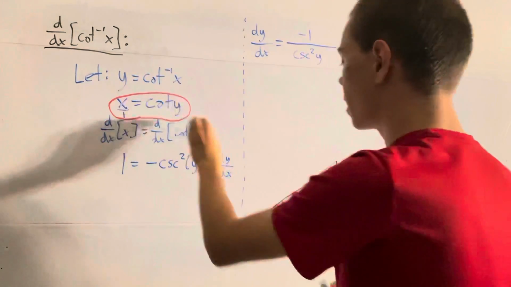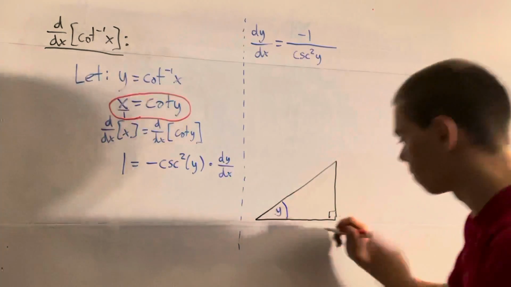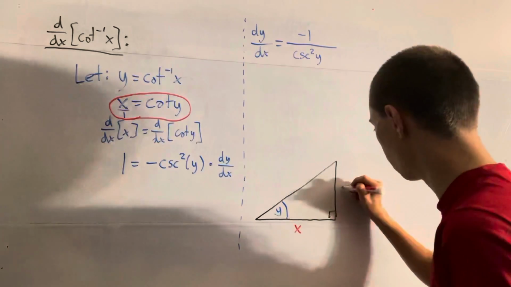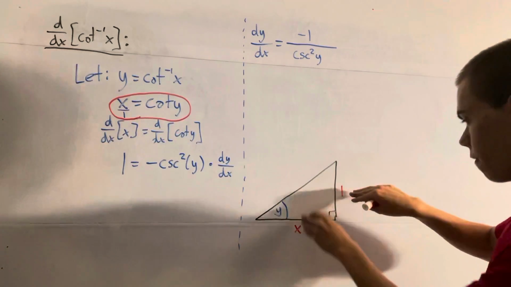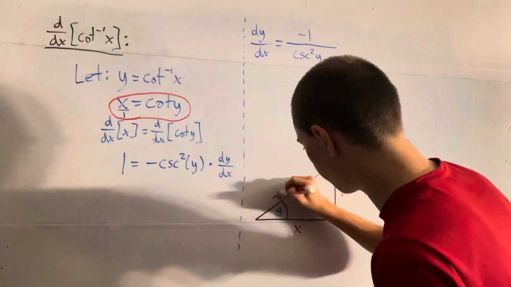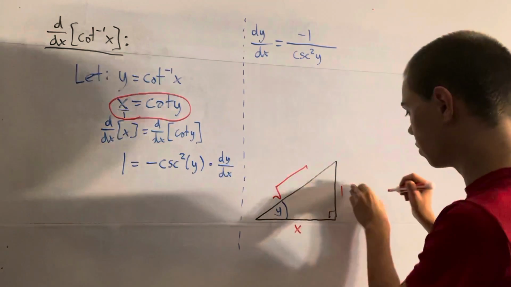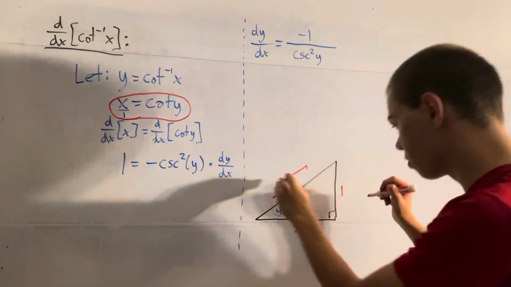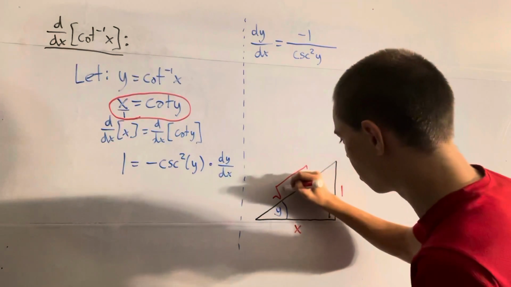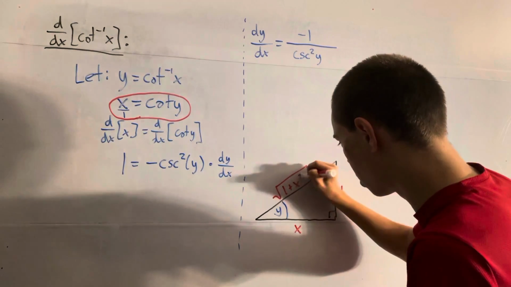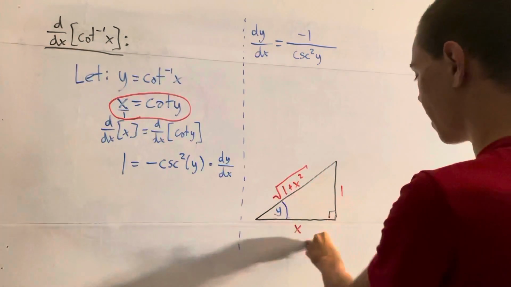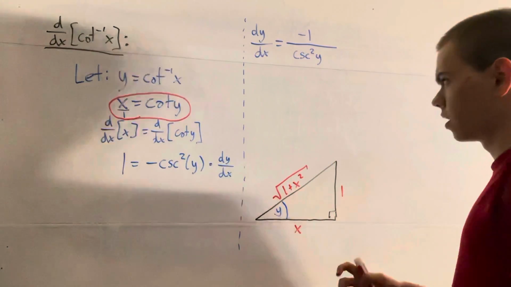So x over 1. And knowing this, you can find the third length just using the Pythagorean theorem. And it's just going to be the square root of 1 plus x squared. And so now we know all three lengths of the triangle.